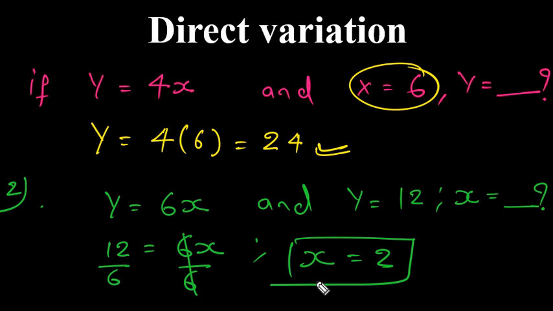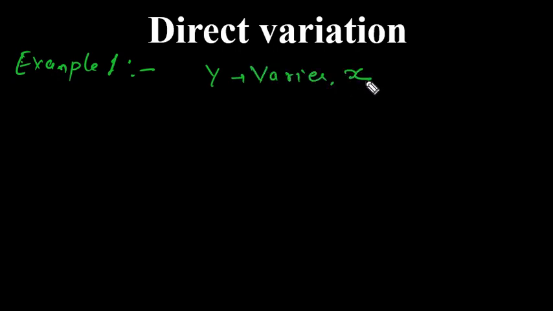Now let's try to see some difficult questions. The question we have here, let's say example 1, says if y varies directly as x. So the equation will be y equals kx, right?